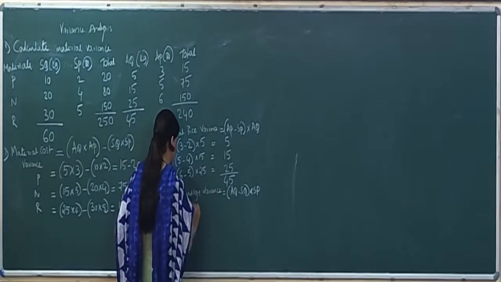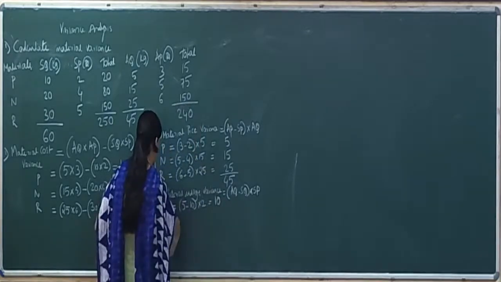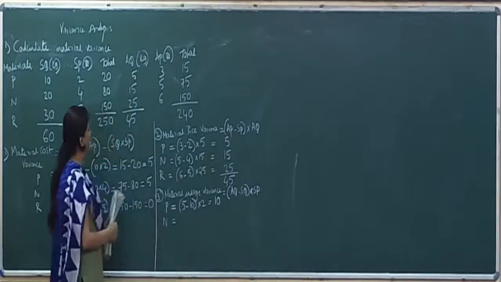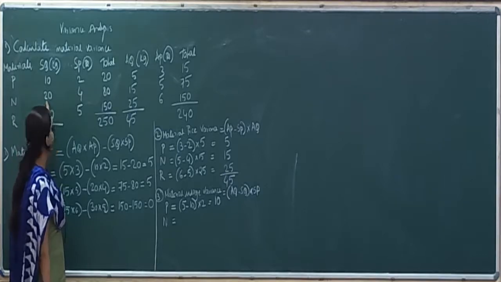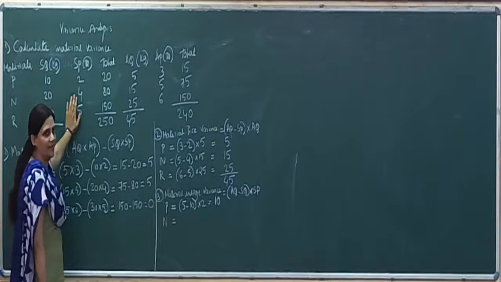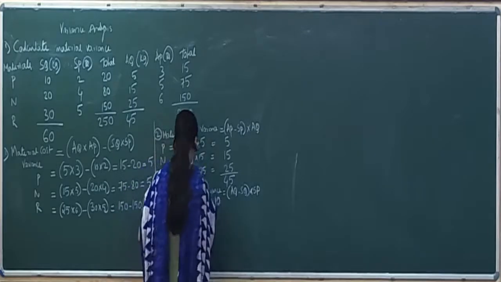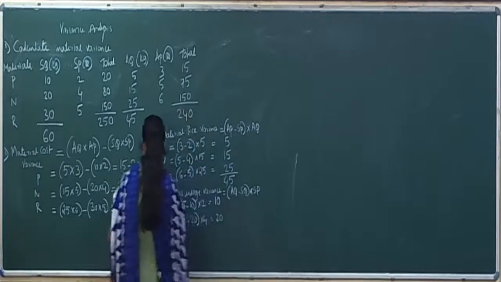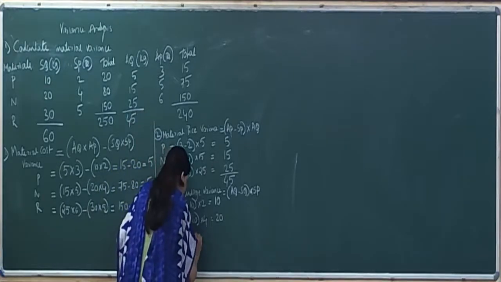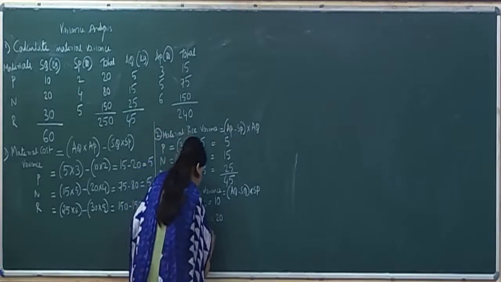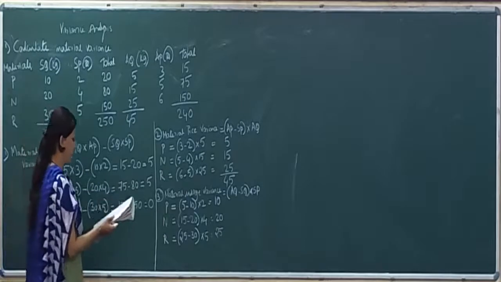So for P, 5 minus 10 into 2. Then 15 minus standard quantity 20 into standard price. So these are the details of price.